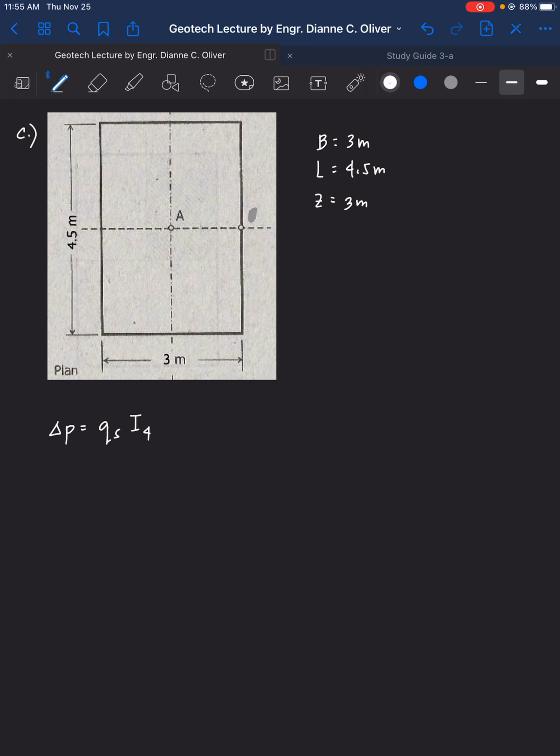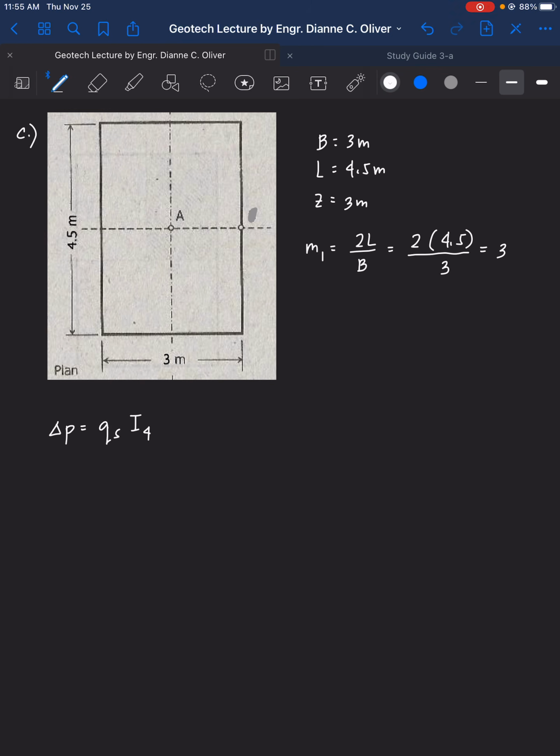Therefore, we have M sub 1, 2L over B, which is twice of 4.5 divided by 3.